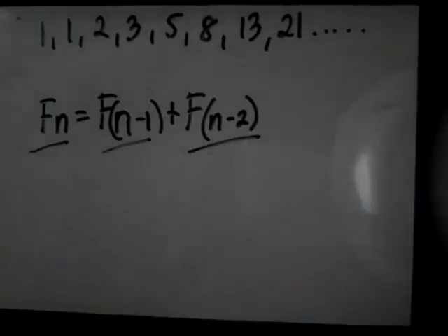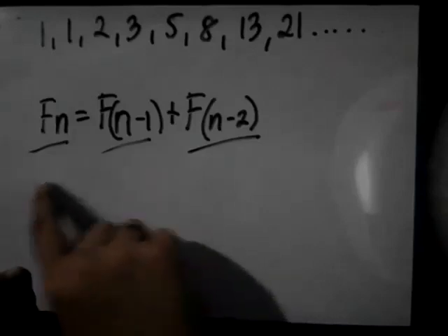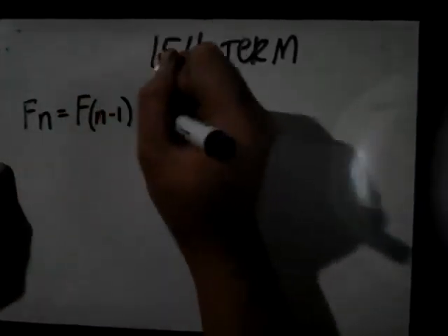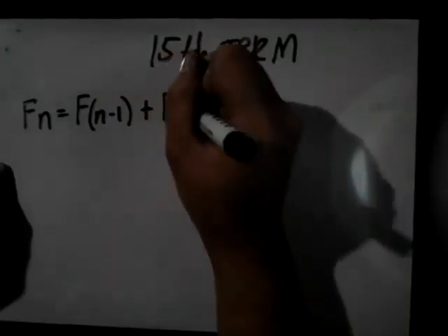So now, using this formula, let us find the 15th term of the Fibonacci sequence. We're going to rewrite the formula. F of n is equal to f of n minus 1 plus f of n minus 2.